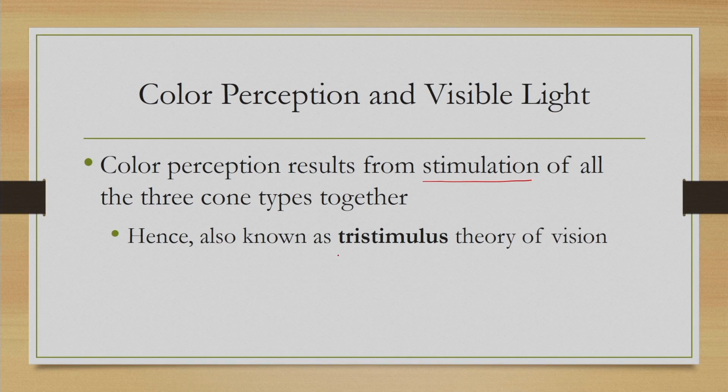Now, this theory, which tells us how we perceive color, is also known as the tri-stimulus theory of vision, because the basis of it is the idea that there are three cone types and these three get stimulated to give us the perception. So, it is called tri-stimulus theory of vision. We will come back to this idea later.